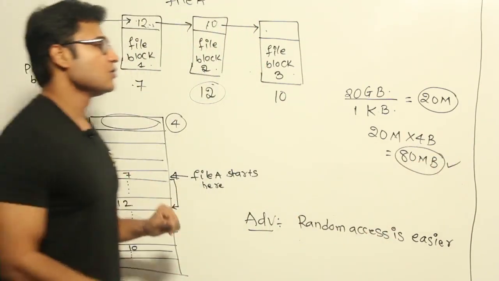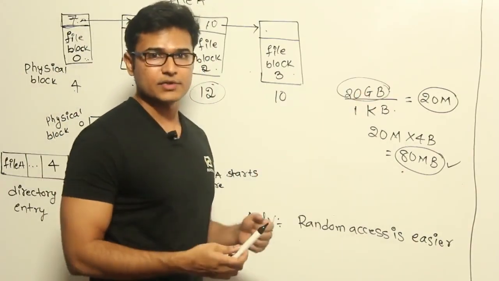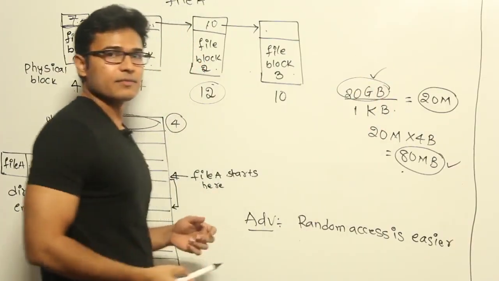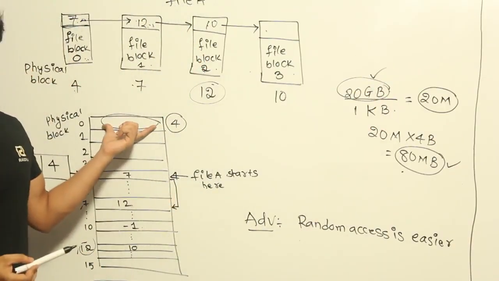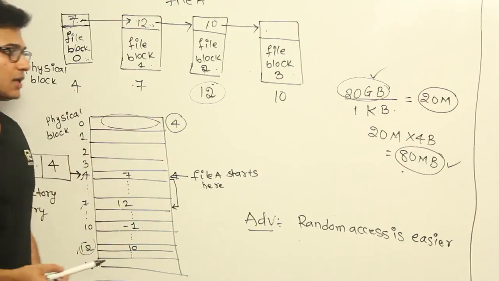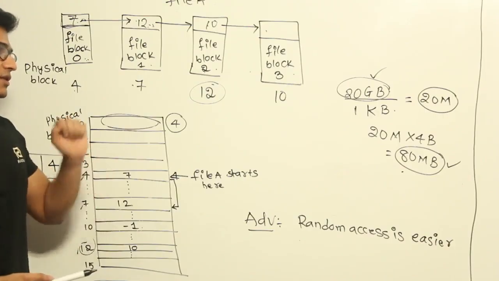And as you grow the capacity of the hard disk, it is going to be even bigger. As the number of blocks increases, the table size will also increase. Therefore it is cumulatively going to be a very big thing. So that is the disadvantage of this method. Even though random access is there, there is a disadvantage.